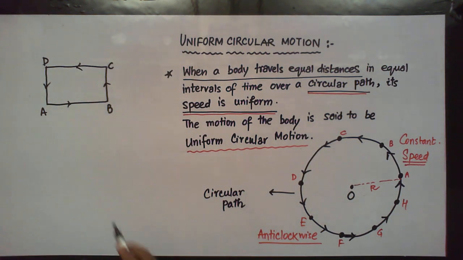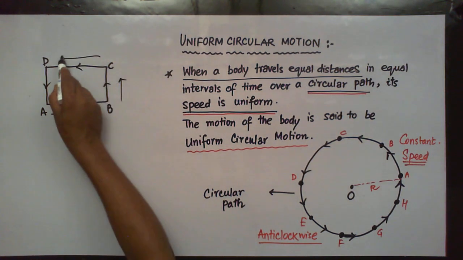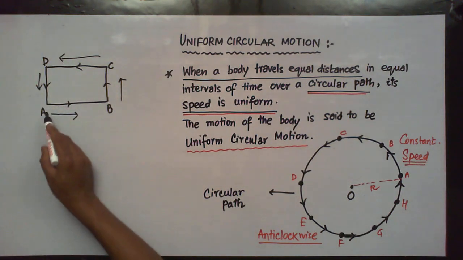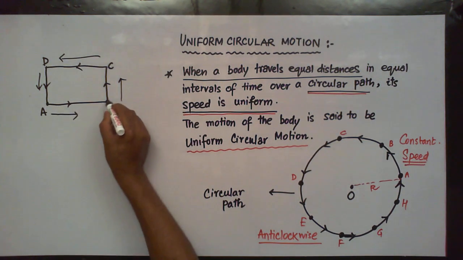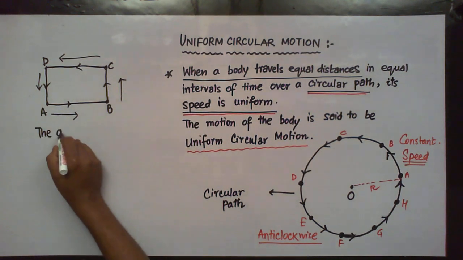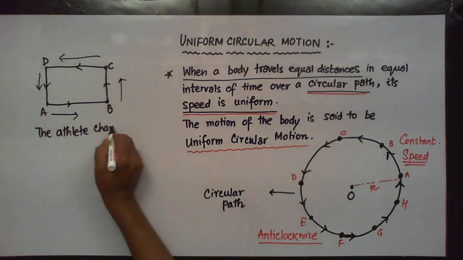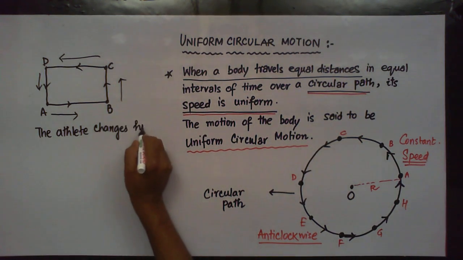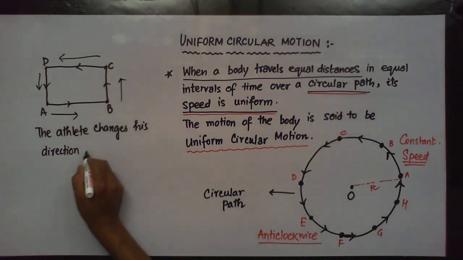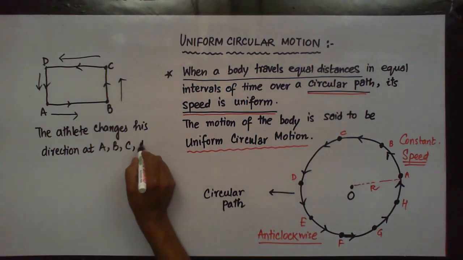If the athlete is running from A to B, then B to C, C to D, and then D to A, the athlete has to change the direction every time he reaches the vertices, at A, B, C and D.